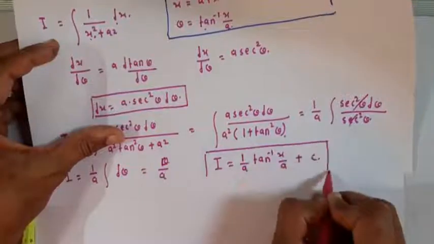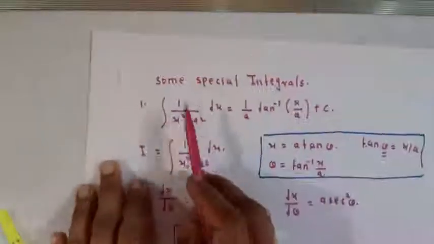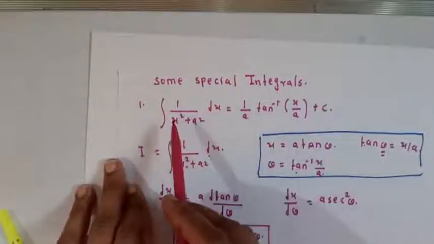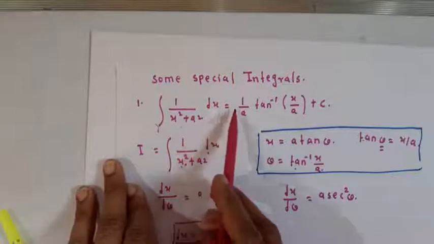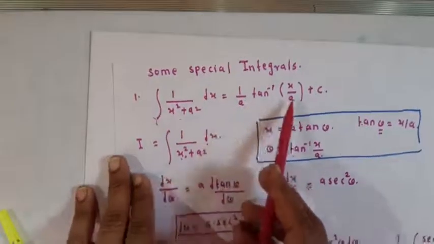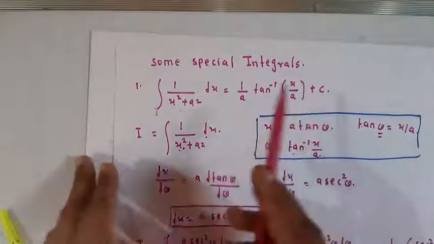And students, this is the first formula, the special integral formula: integration of 1 upon x square plus a square with respect to x is 1 by a tan inverse of x by a plus constant of integration c. Okay students.